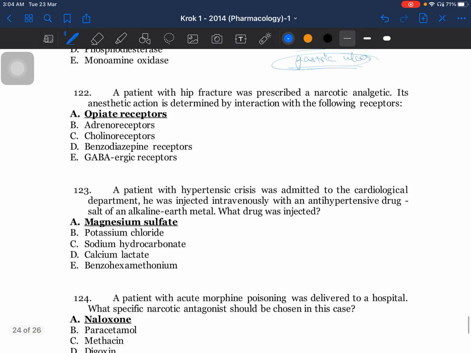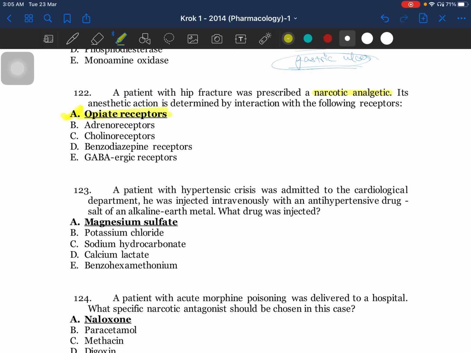Now let's move to the next question. The next question is a direct question. In this question, they will ask you that narcotic analgesics have the following receptors. So narcotic analgesics are also known as the opioid analgesics, and they have the receptors on which they act and their effect takes place, and these receptors are known as opiate receptors.